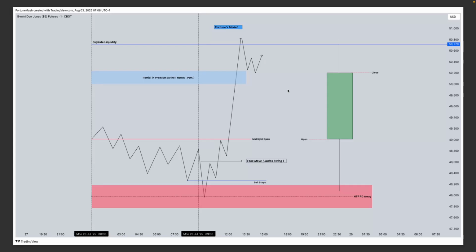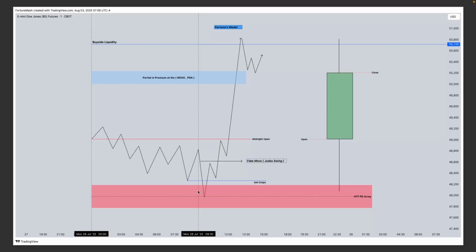So the two most critical time references in my model are the midnight open and the opening bell. If I have a bullish bias, I want to see price trade below the midnight open, just as you can see there, leading into the opening bell, 9:30 a.m., often referred to as the Judas swing, a deceptive move that leads traders in the wrong direction, usually lower on a bullish day.